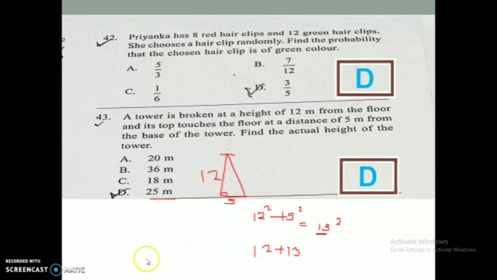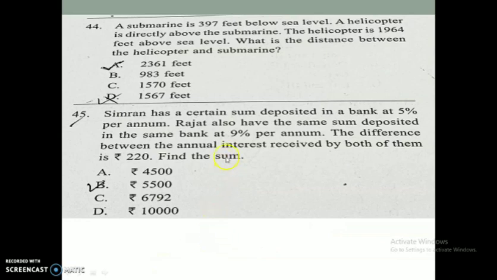Now let's go solve another problem. 44. A submarine is 397 feet below the sea level. So below the sea level 397 is given, and the helicopter is 1964 feet above the sea level. So total addition of these two values gives you the distance between the helicopter and the submarine, and it comes out to be 2361 feet.